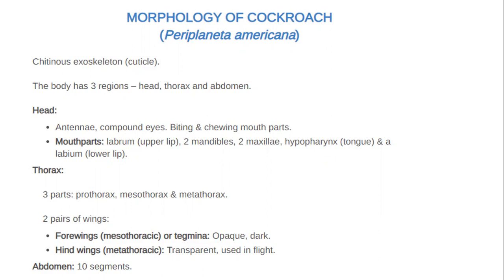In case of its thorax, it consists of three parts, that is the prothorax, mesothorax, and metathorax. Each thorax segment bears a pair of walking legs, and two pairs of wings arise from mesothorax and metathorax. The one that arises from mesothorax is forewings and from metathorax is hind wings.